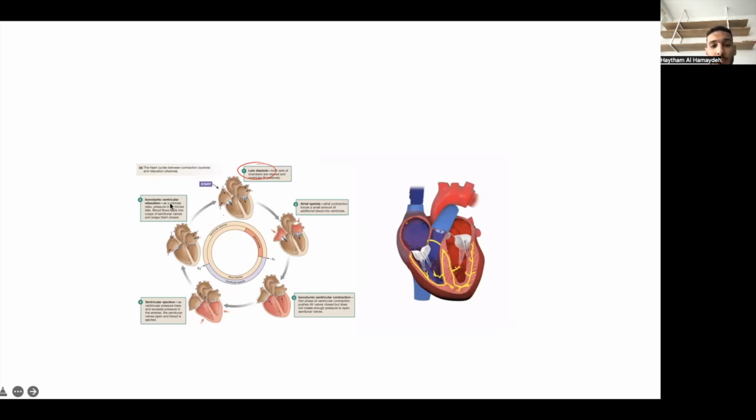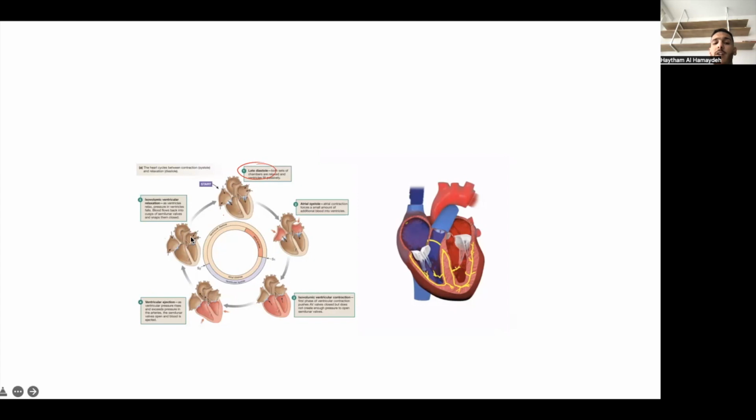Now isovolumic ventricular relaxation: all of the valves are closed. This is because the pressure in the atrium is still less than the pressure in the ventricles, okay, and the pressure in the ventricle is still less than the pressure in the systemic circulation.